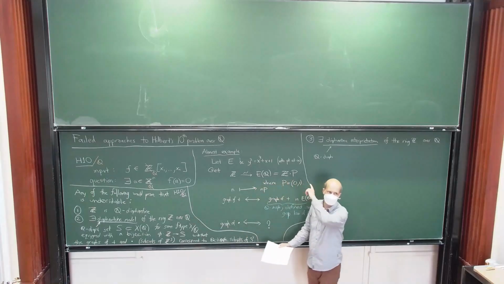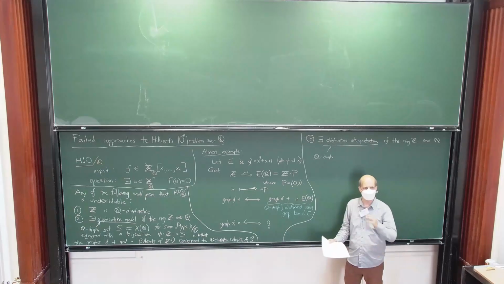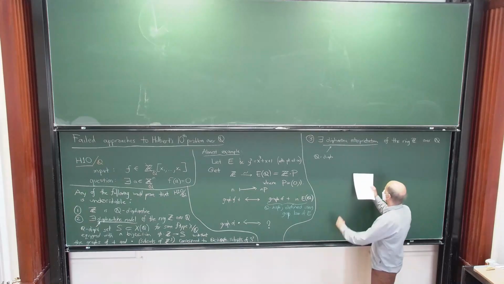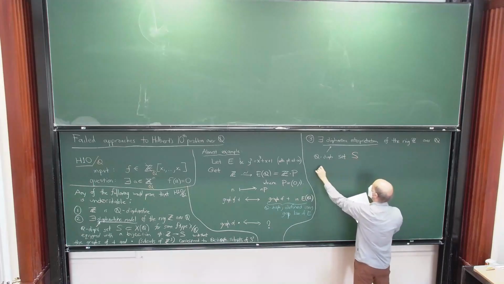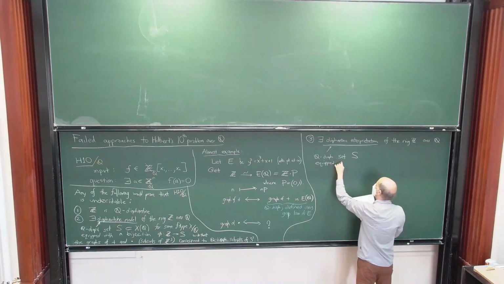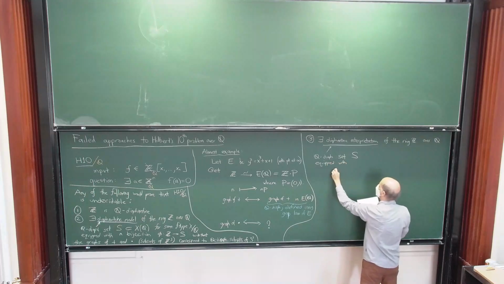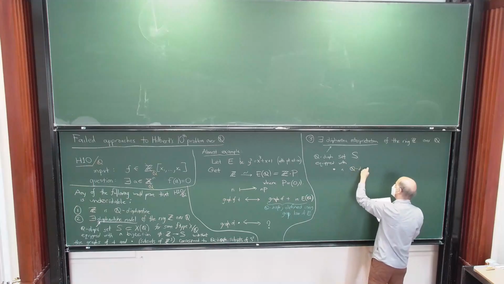Here we're going to model Z as a Diophantine set modulo a Diophantine equivalence relation. So there's going to be a Diophantine set S, and it's equipped with a Diophantine equivalence relation.